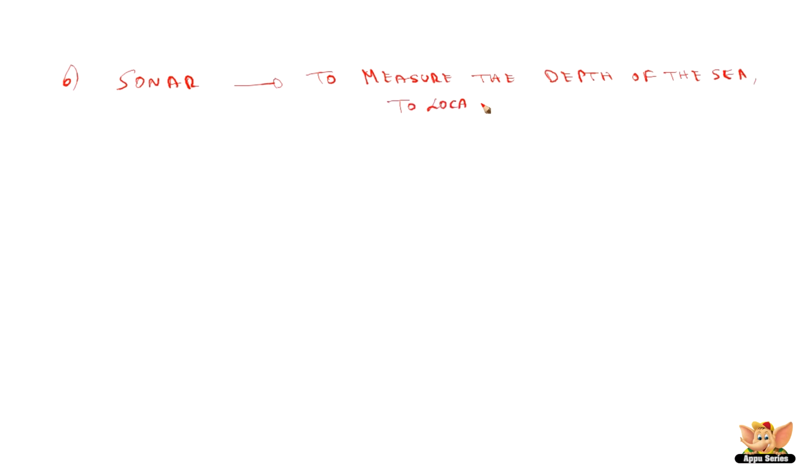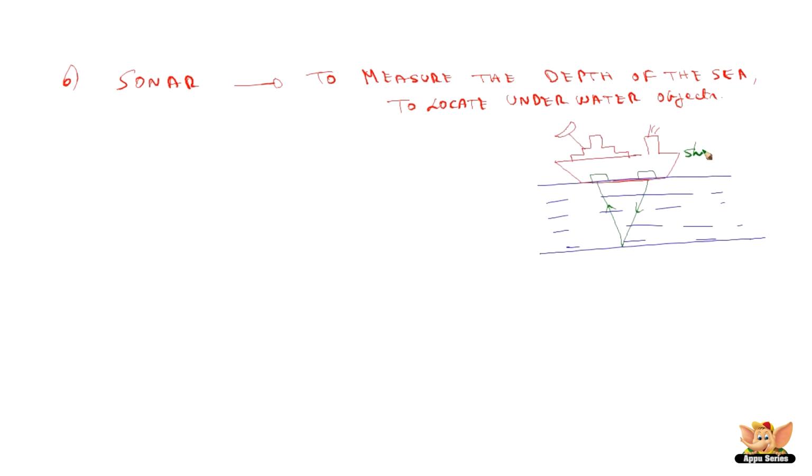So, to measure the depth of the sea and to locate underwater objects. What happens basically in the sonar? Let's say there is a seabed and there is a ship, and this is the seabed, and this is the ultrasonic pulse.